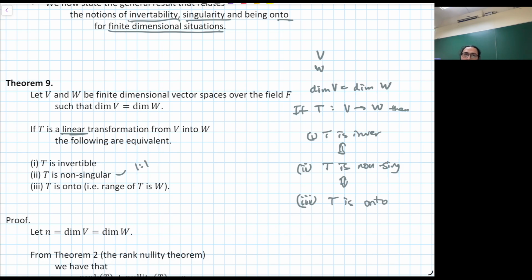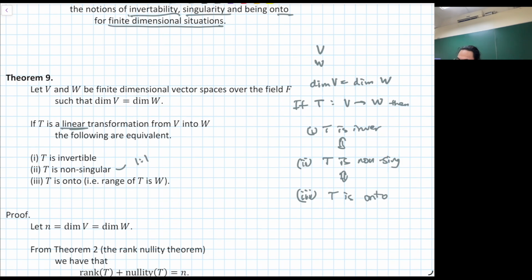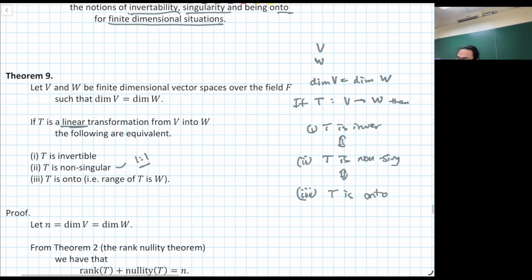Otherwise, you'll mess up the linear independence of the basis. Normally, for something to be invertible, it has to be both one-to-one and onto. For linear transformations, it's not necessary to check all of them separately. That's the surprising thing about the structure.